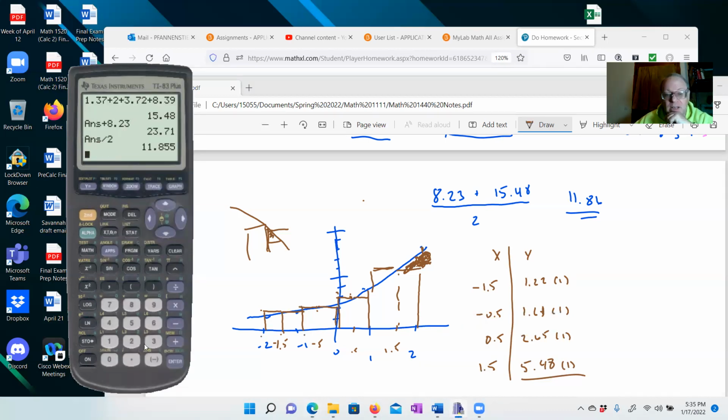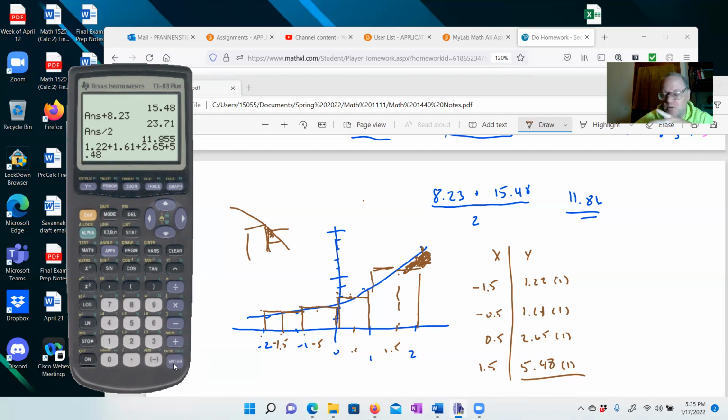So we end up with 1.22 plus 1.61, plus 2.65, plus 5.48. Not 5.4, 5.48.